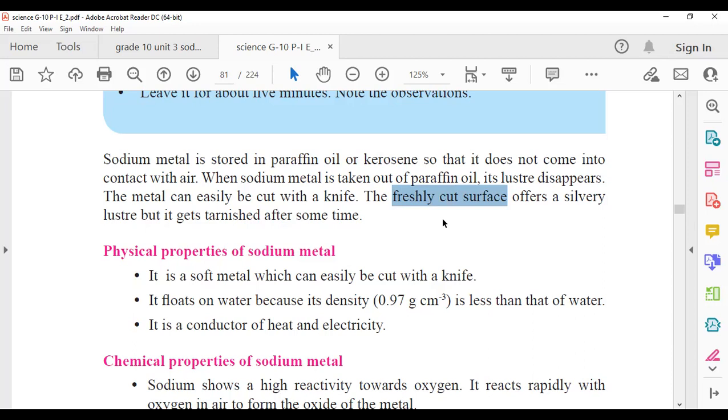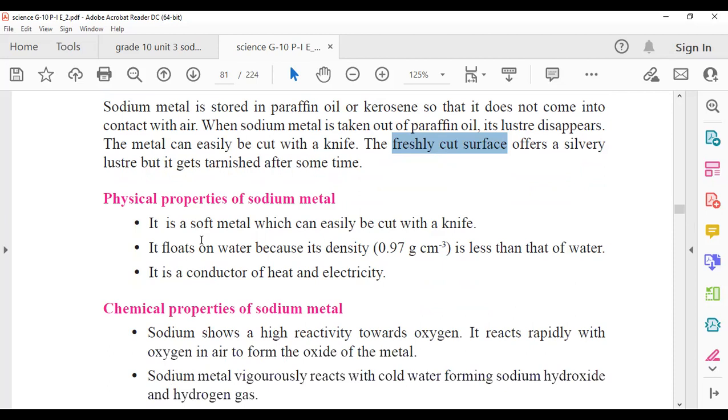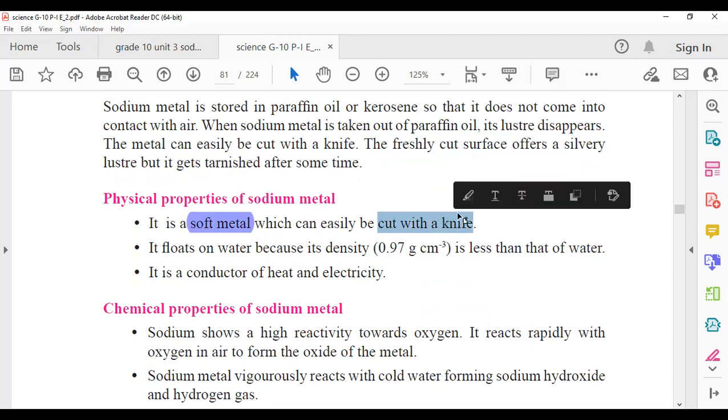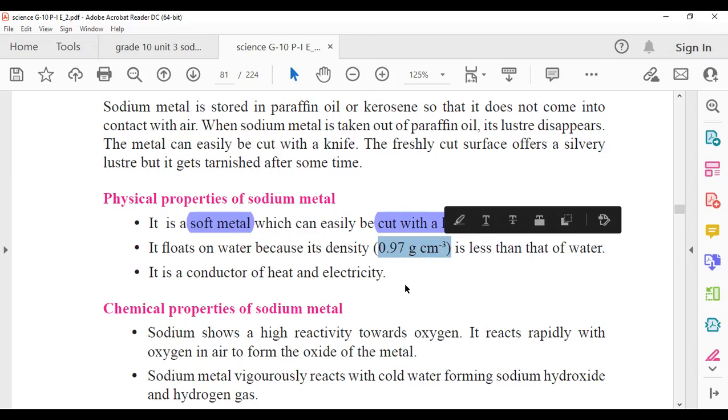Now, what are the physical properties of sodium metal? One physical property is that it is a soft metal. You can easily cut it with a knife. Sodium has a density of 0.97 g cm^-3.